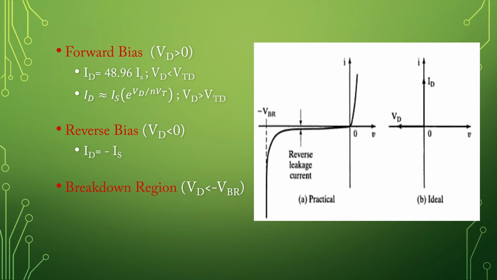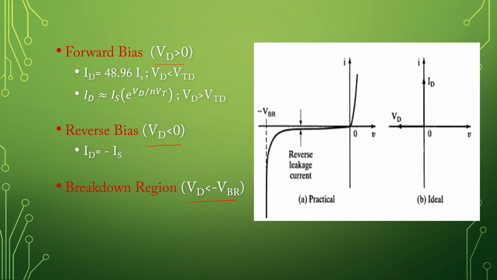The diode characteristics are mainly divided into three regions: forward bias when Vd is greater than 0, reverse bias when Vd is less than 0, and breakdown when Vd is less than the reverse breakdown voltage. First we will see forward bias. Forward bias is when the diode is conducting fully.